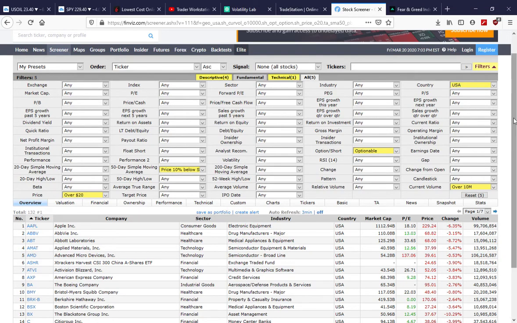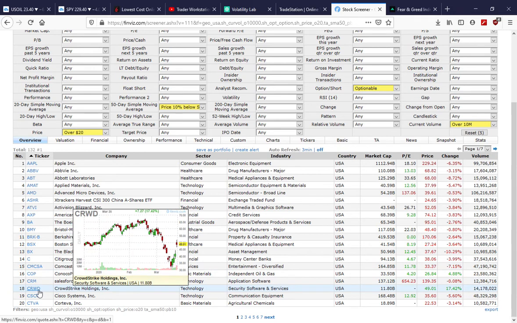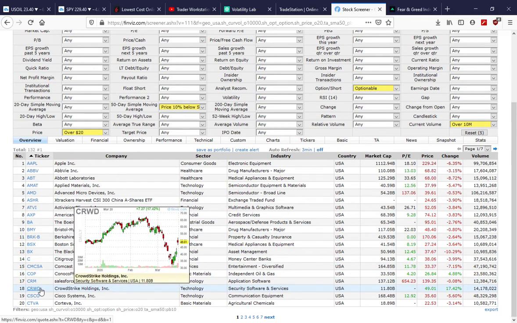But anyway, you can see you've got 7 pages. Just check it once a day and see how many results you're getting back, and it's a good indication of what the market's doing as well. CrowdStrike's had quite a bit of a bounce there, so you can pick up some really good stocks.